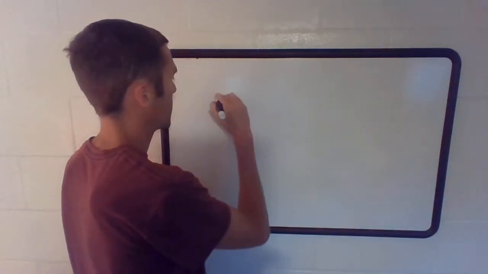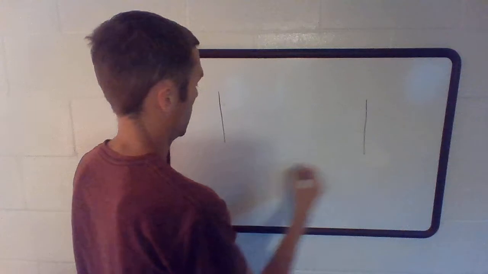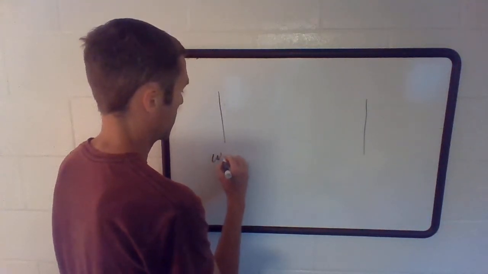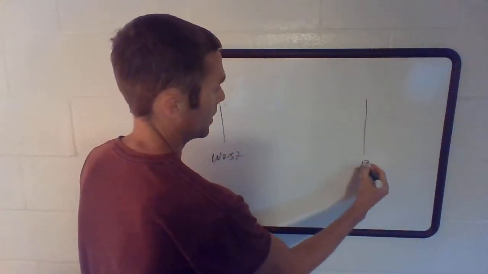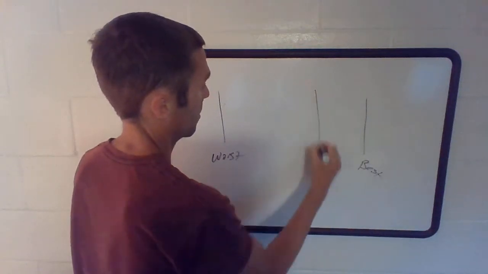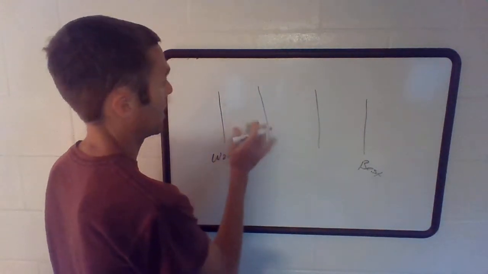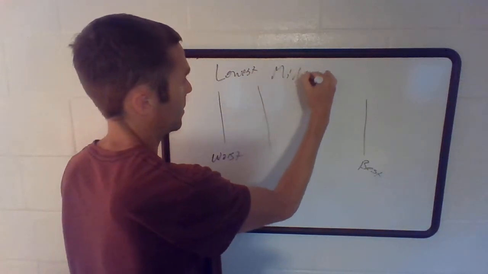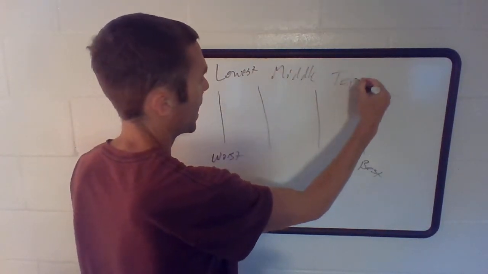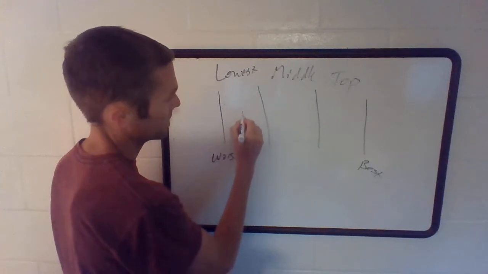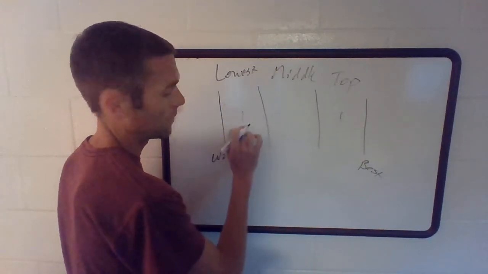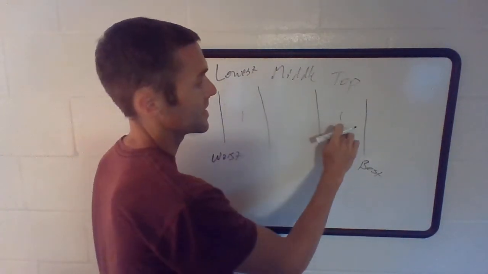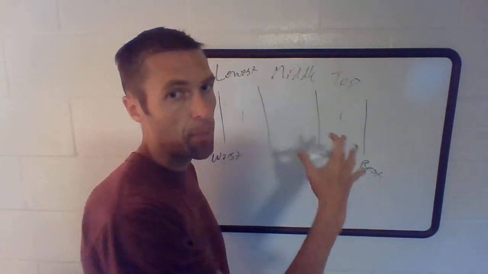But what it's really saying is, if this is your worst performer and this is your best, I have the lowest, the middle, and the top, and it's saying what's the average of the lowest third and what's the average of the best third.